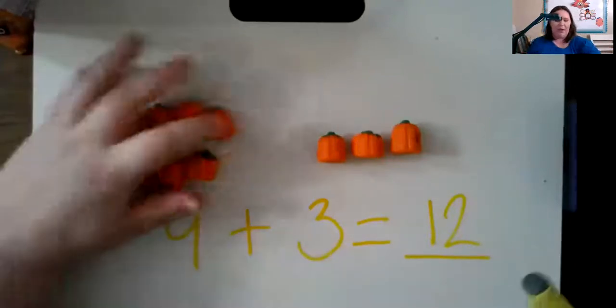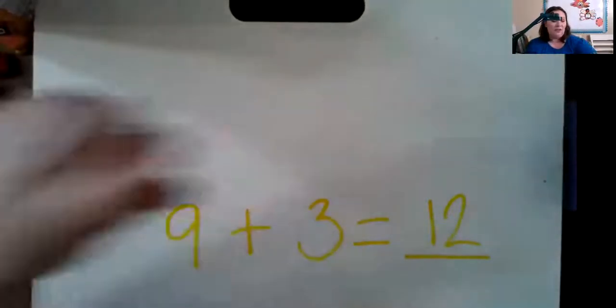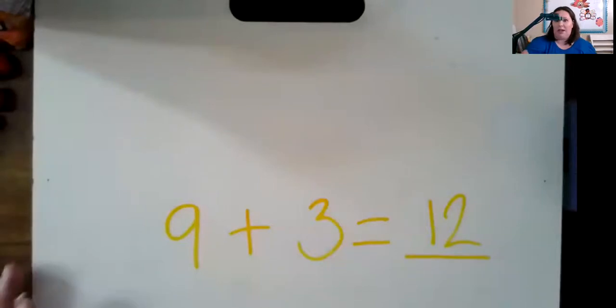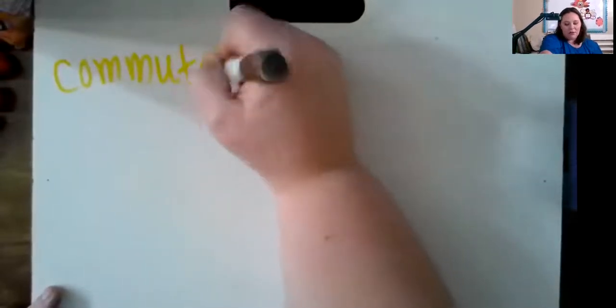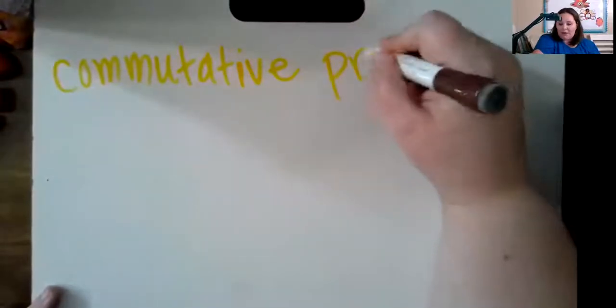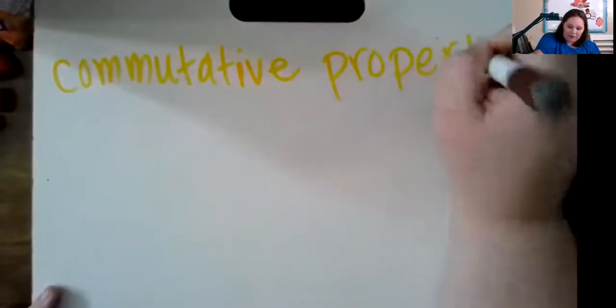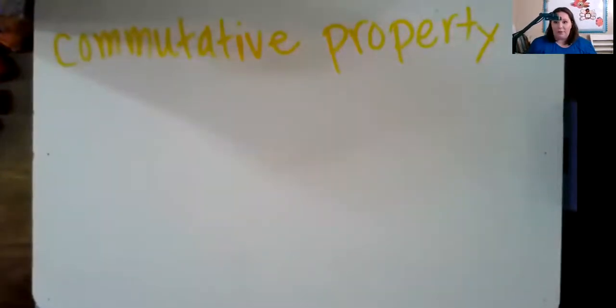Awesome. All right. Are you guys ready to find out what we are talking about today? The commutative property. You've heard me mention this when we've done our math facts and we talk about the pattern of switching our numbers around.